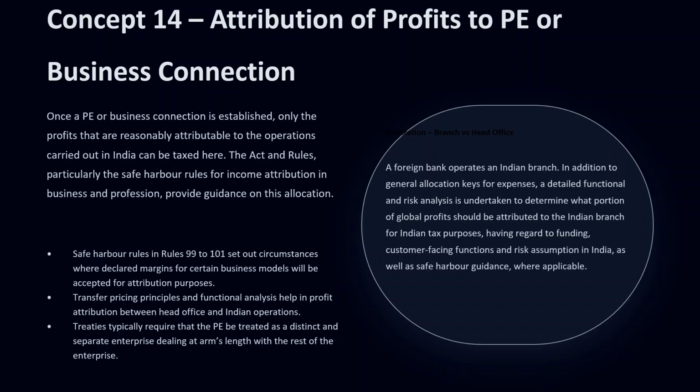this example contains a foreign bank with an Indian branch. So here you would analyze what functions are performed in India, what assets are used here, what risks are assumed here, say local loan origination and customer relationship management, and then attribute an appropriate share of global banking profits to the Indian branch, guided by the safe harbor range wherever available.